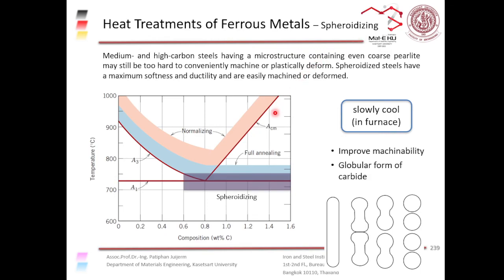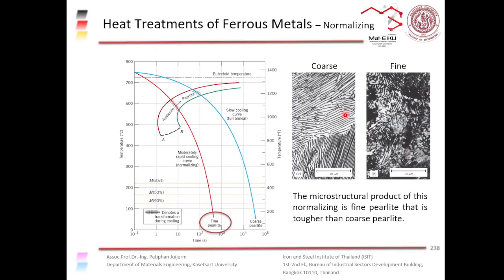In this case, in our microstructure, we have ferrite and we have cementite, right? Initially, it might be in the form of alternating layers of ferrite and cementite, so you get pearlite.